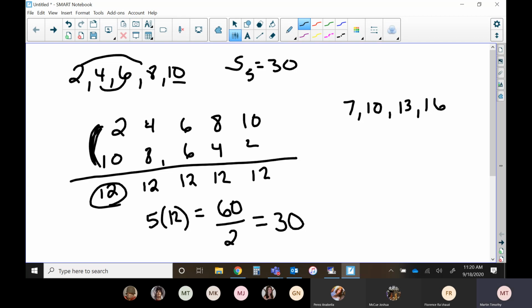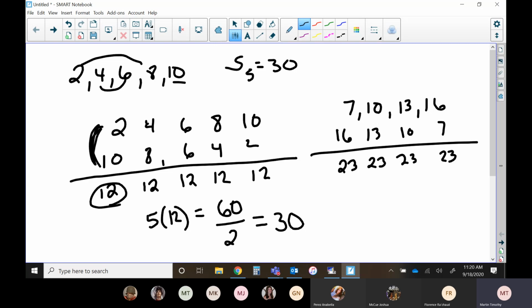Okay, what would I write right underneath this? 16. So 23 is my magic number, right? So 23 times 4. 23 times 4, we can do the math. 12, carry the 1, 72.